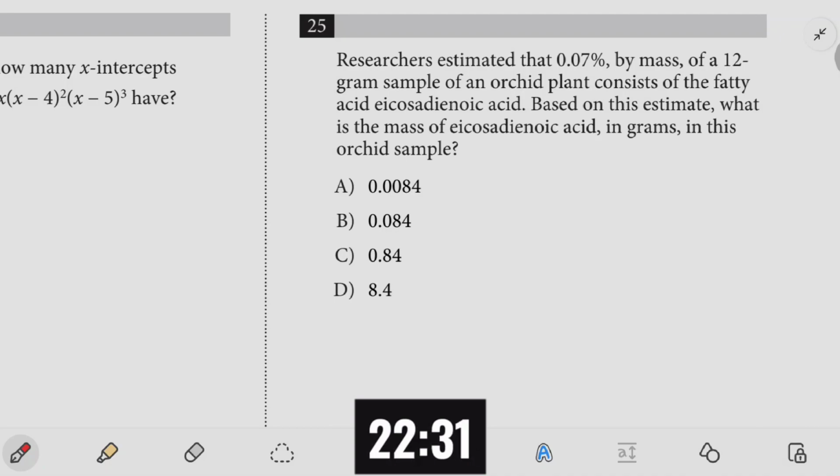What is the mass of the acid in grams in this orchid sample? Okay, well, we just did 0.07%. It's not going to be this. Don't be tricked. Nor is this. You don't multiply by 0.07. You multiply by 0.0007.